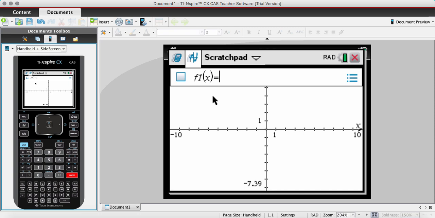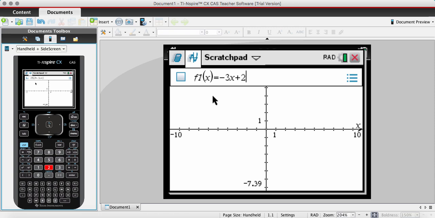In order to recognize the difference between the functions, it has a numerical system that is very helpful. It has a 1 in between the f and the x, so you know that this is the first function. The first function that we're going to put in here is negative 3x plus 2. You can type negative 3x plus 2 or minus 3x plus 2.